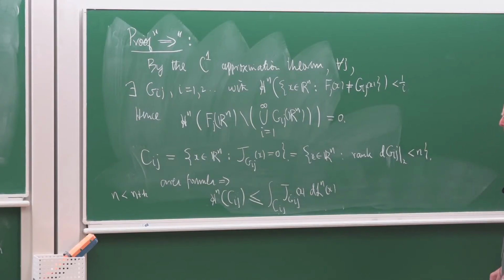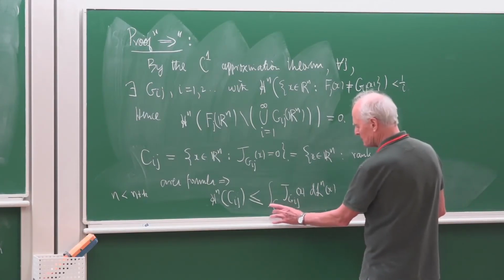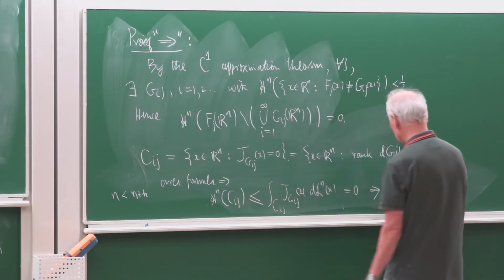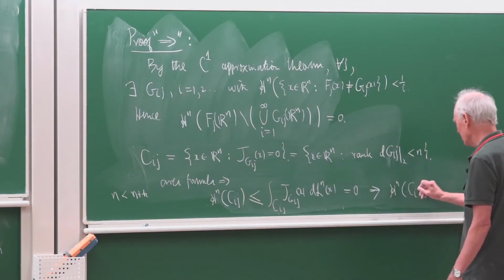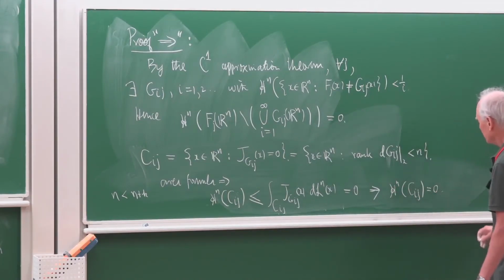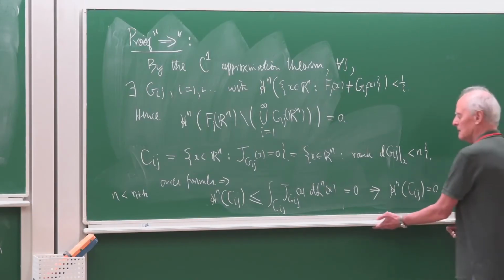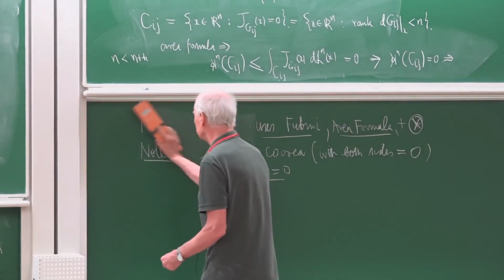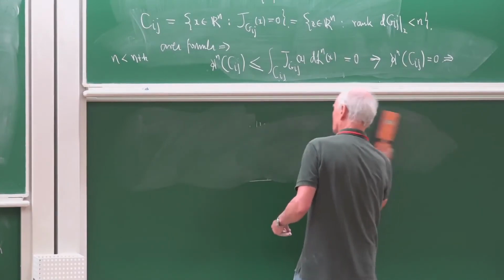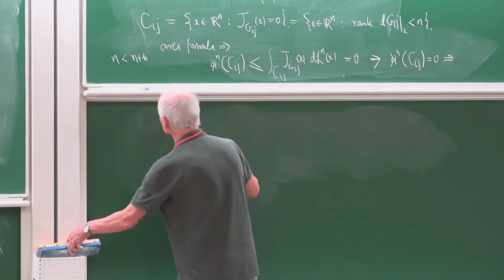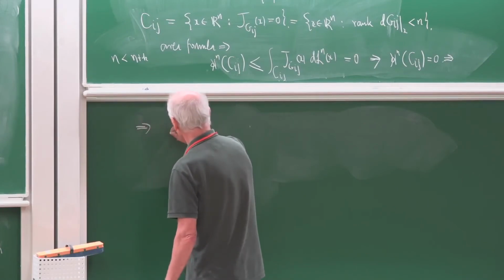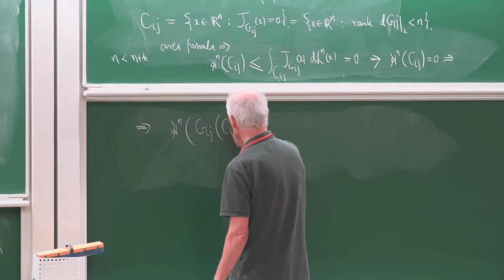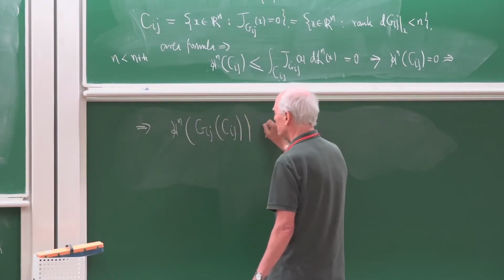So the area formula gives that. But notice this is 0, because on Cij, J Gij is equal to 0. So we get that Hn(Cij) is equal to 0. But then, of course, that implies that the image of Cij also has n-dimensional measure 0.